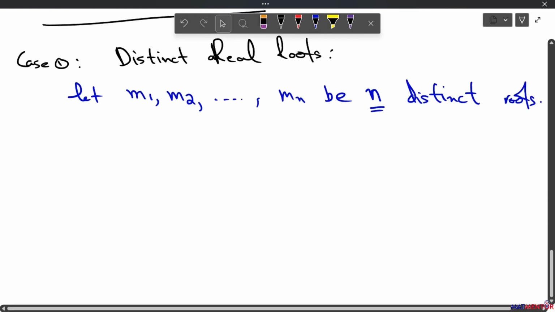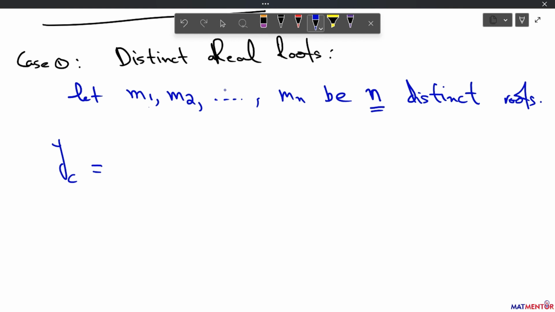So in that case, yc will be equal to, so look, there are n roots, so I will take n constants.